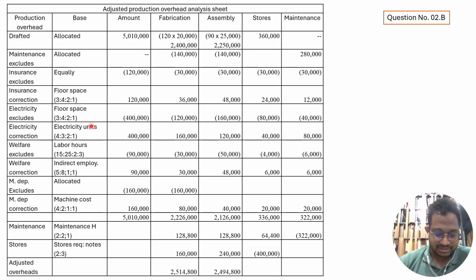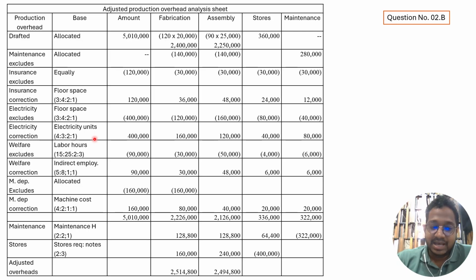That's incorrect because in the other information electricity units are given. So you always have to use the most appropriate base to distribute, right? So you have to exclude electricity based on floor space, and again distribute electricity based on electricity units.